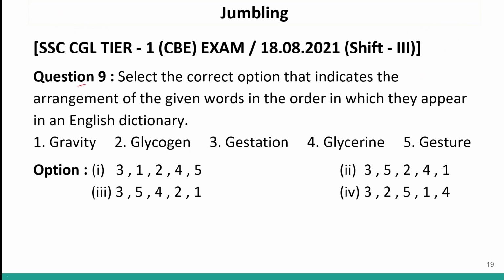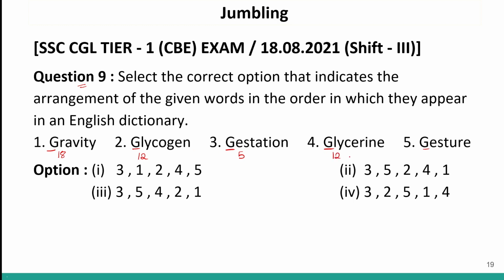Now, question 9. Gravity, glycogen, gestation, glycerine, and gesture. So I can see that G is common in all. So we'll move on to the next letter. R is 18. L is 12. E is 5.